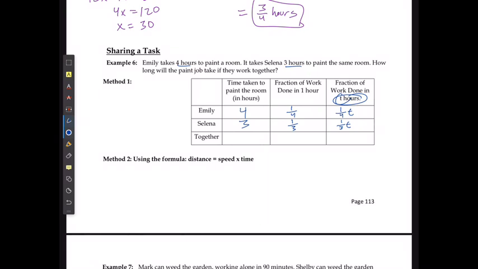Now, just like in our previous speed problems, the speed of something plus the speed of something else will create their combined speed. Or, in this case, if I'm taking the fraction of the work done in T hours, then T is the amount of time that it's going to take for them to work together.